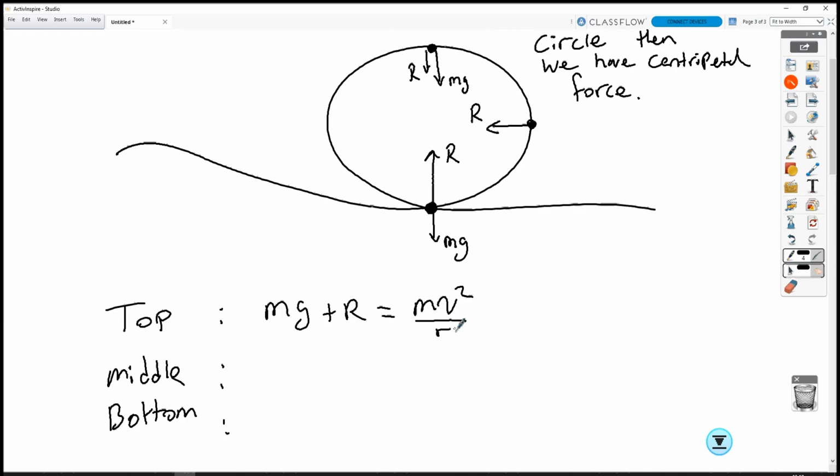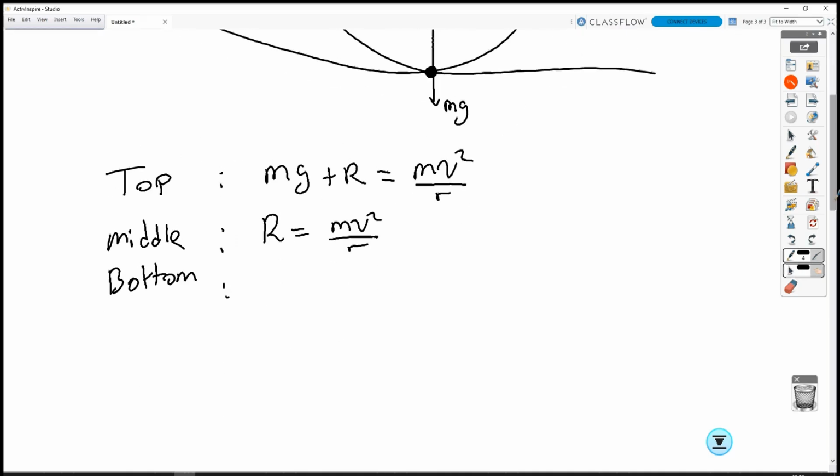In the middle, it's just R equals mv squared over r. And at the bottom, it's going to be R minus mg equals mv squared over r. So these are our three expressions.